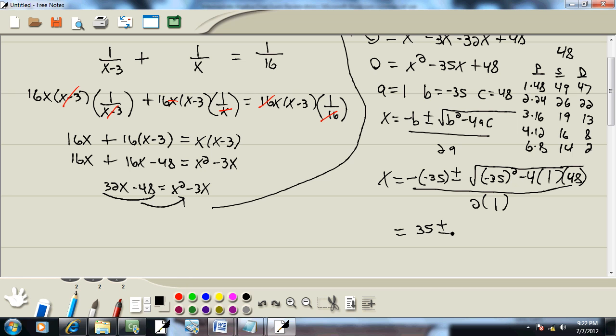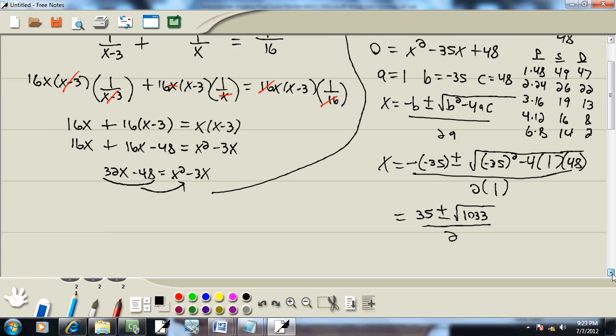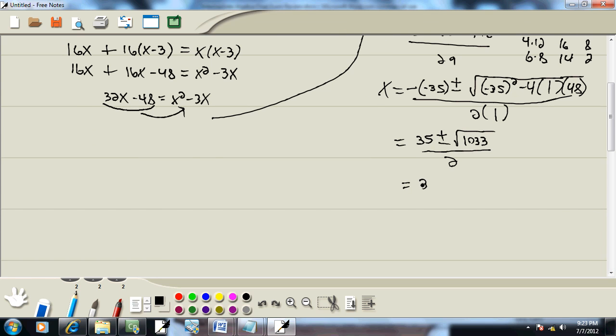So we got 35 plus or minus the square root of 35 squared minus 4 times 48, which is 1033. And 2 times 1 gives us 2. And the square root of 1033 is 32.14, over 2.